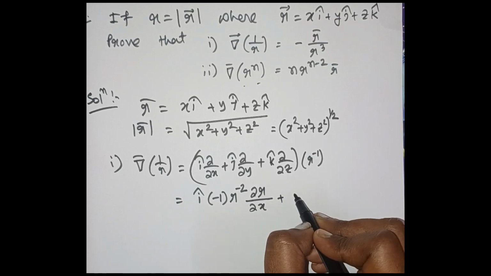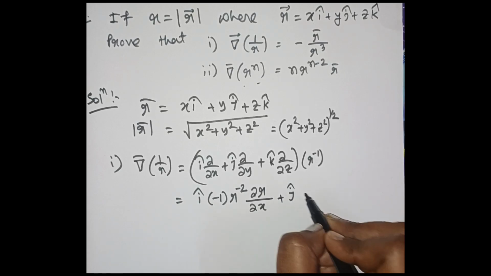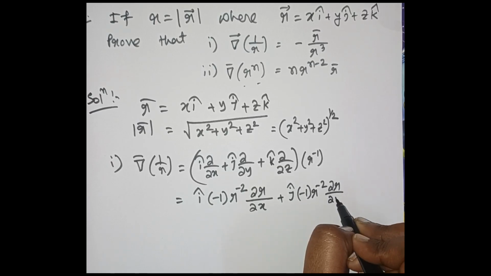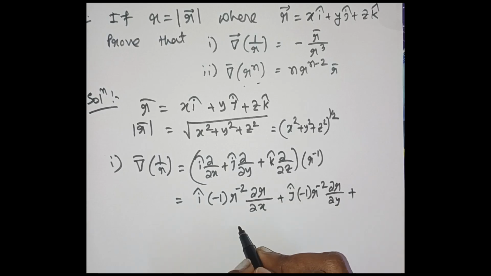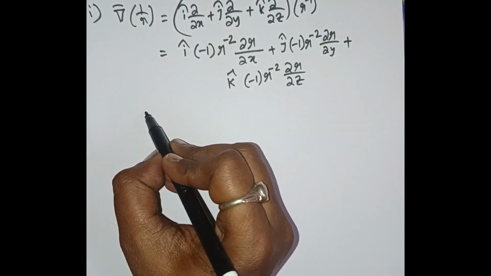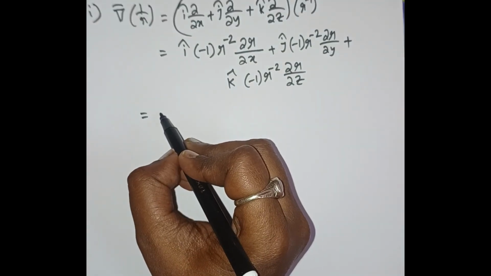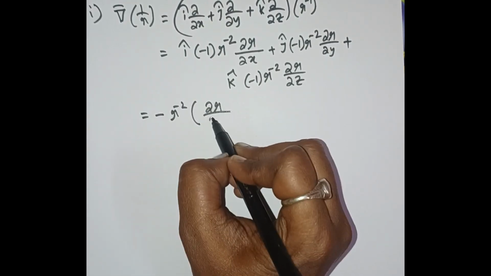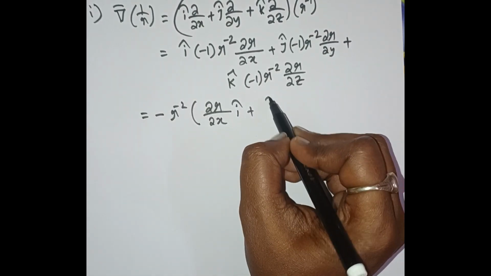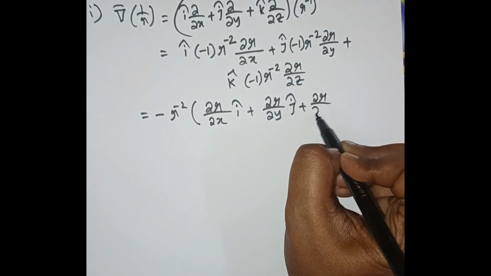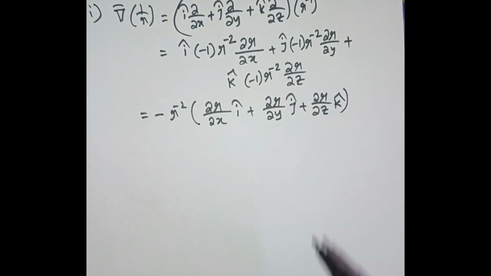Similarly, for the second one, j minus 1 r power minus 2 del r del y plus k minus 1 r power minus 2 del r del z. That is, we can take minus r power minus 2 outside and then del r del x i cap plus del r del y j cap plus del r del z k cap.